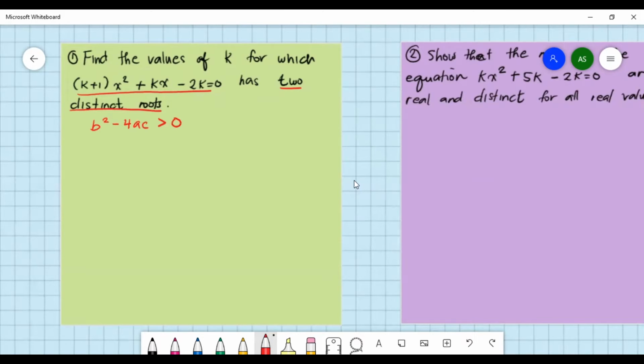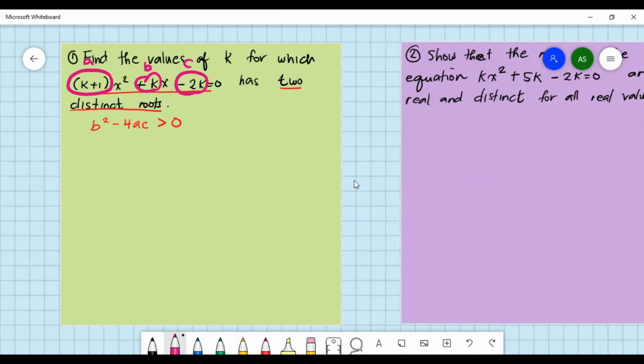So we need to make sure that the discriminant is greater than 0. So when will that happen? Remember, the coefficient of x squared is the a, the coefficient of x is the b, and the last constant here is the c.